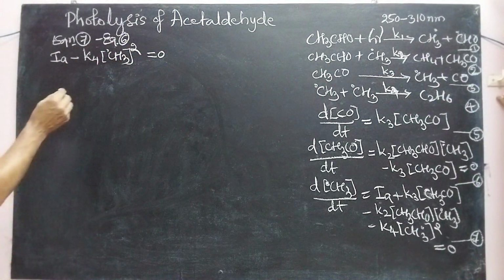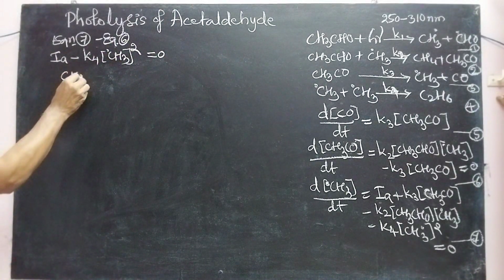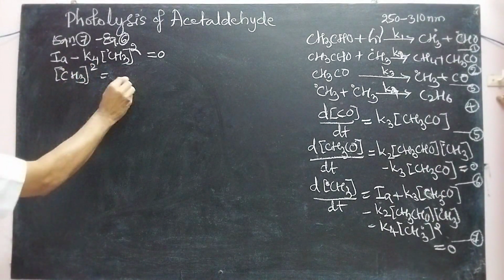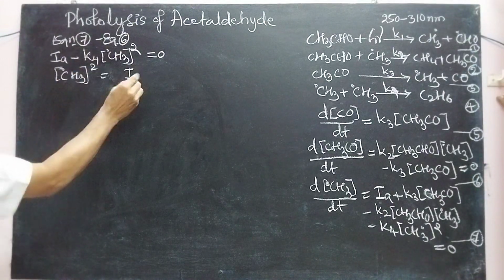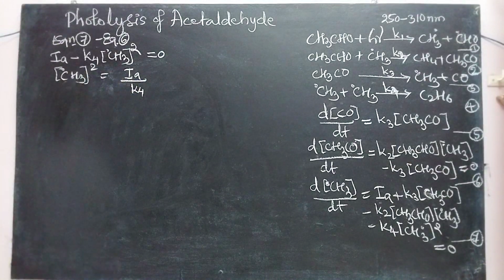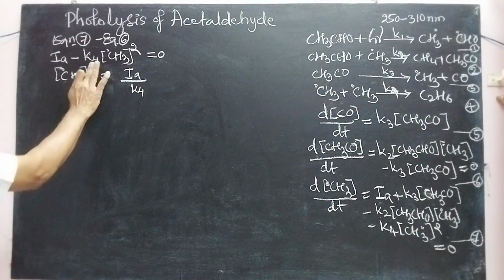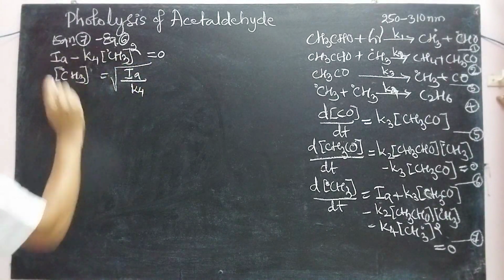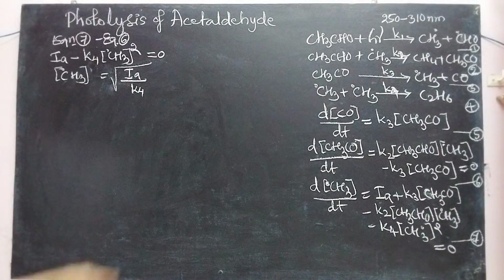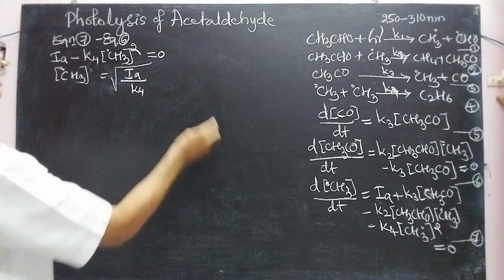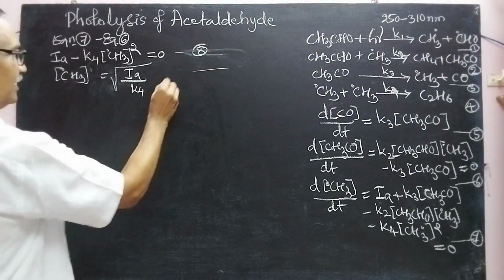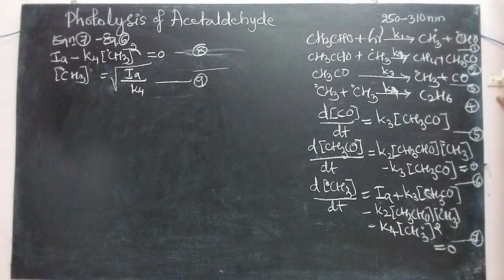Thus you may write that CH3, that is methyl free radical, squared is equal to Ia divided by K4. And if we remove the square, this becomes the square root of this. Thus, by subtracting one from the other, you got another equation. Suppose this is equation 8 and this is equation 9.